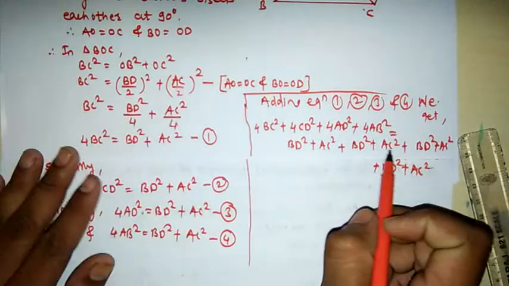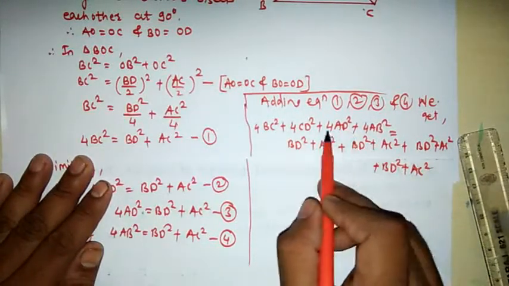We got BD square plus AC square 4 times here.